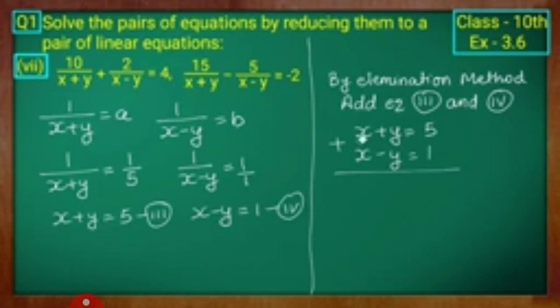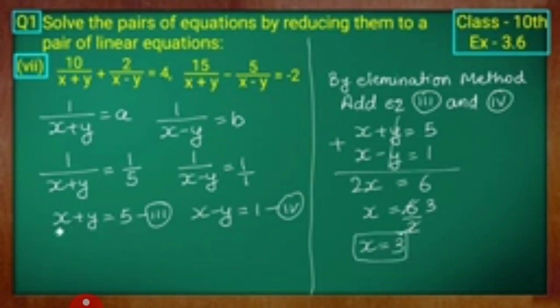You can see the y term can be cancelled from both equations. So when we add these two equations, 2x is equal to 6. So x is equal to 6 upon 2, reduce it to 3, x is equal to 3.